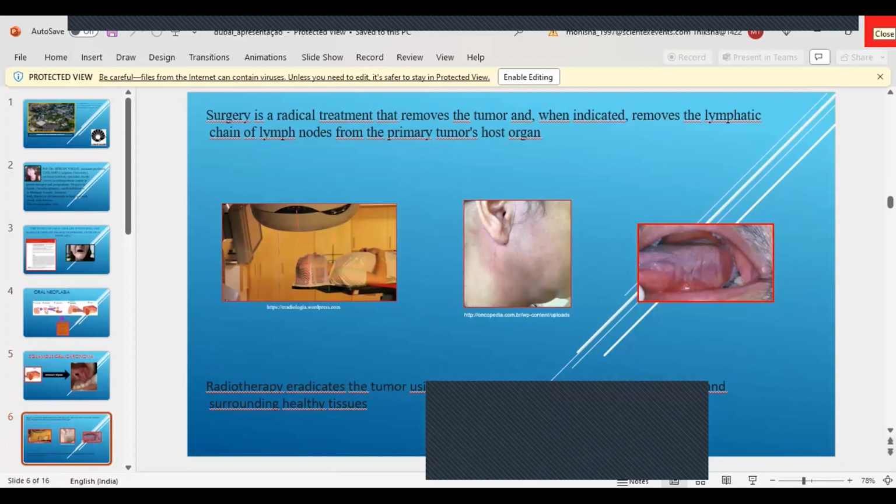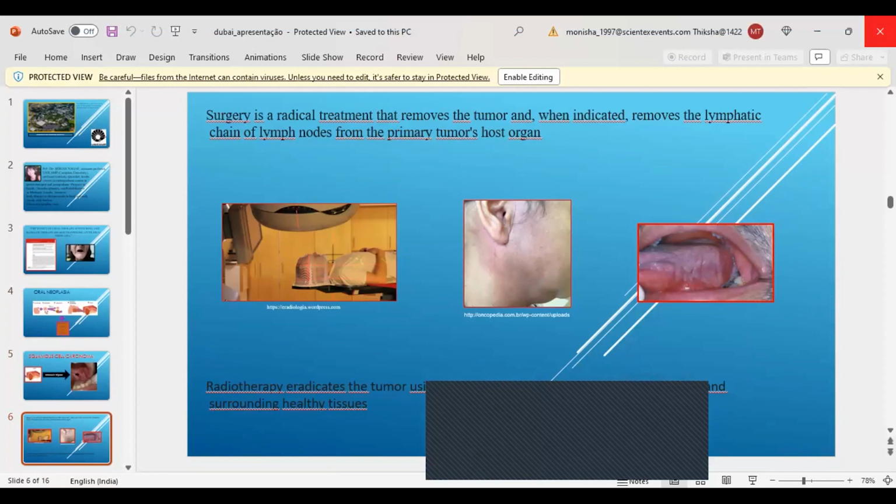Surgery is a radical treatment that removes the tumor and, when indicated, removes the lymphatic chain of lymph nodes from the primary tumor's host organ. Radiotherapy eradicates the tumor using ionizing radiation, but causes damage to local and surrounding healthy tissues.